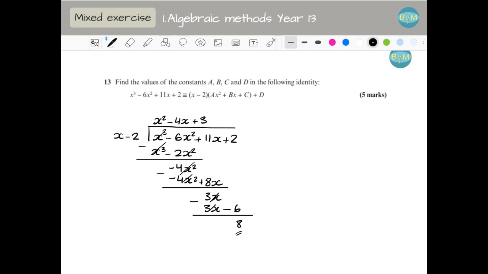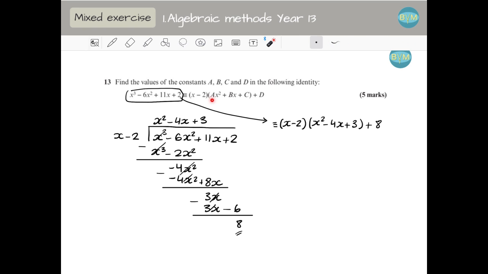So that means that we can write x minus 2 multiplied by my answer plus my remainder. So this thing here is equal to this one. Just dividing, which means A is 1, B is minus 4, C is 3, and D is 8.